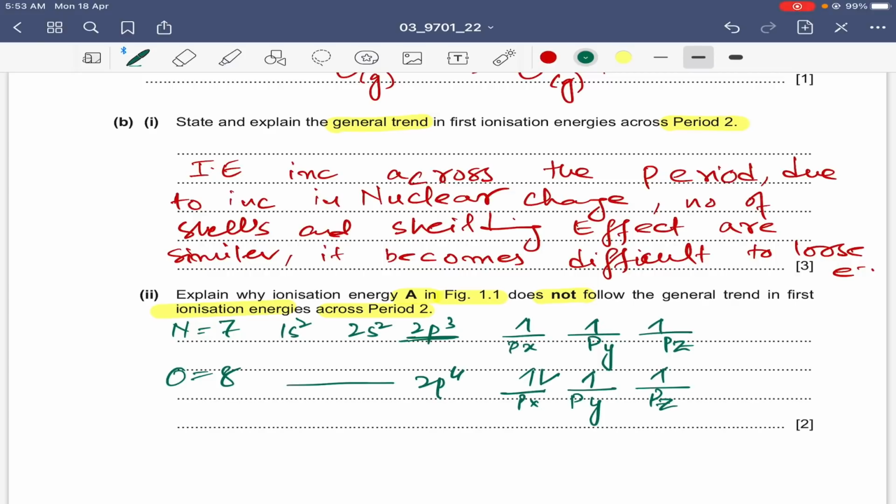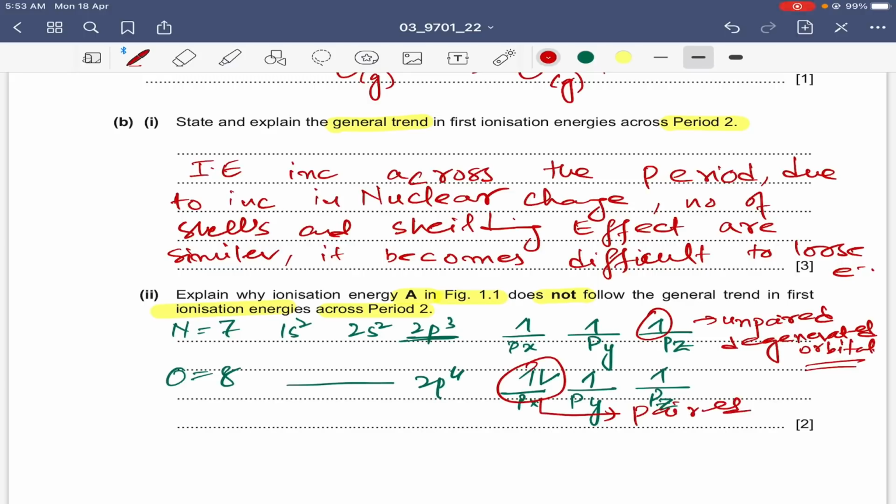So in the case of nitrogen, the electron is being removed from an unpaired degenerate orbital. But in the case of oxygen, it is being removed from a paired degenerate orbital.